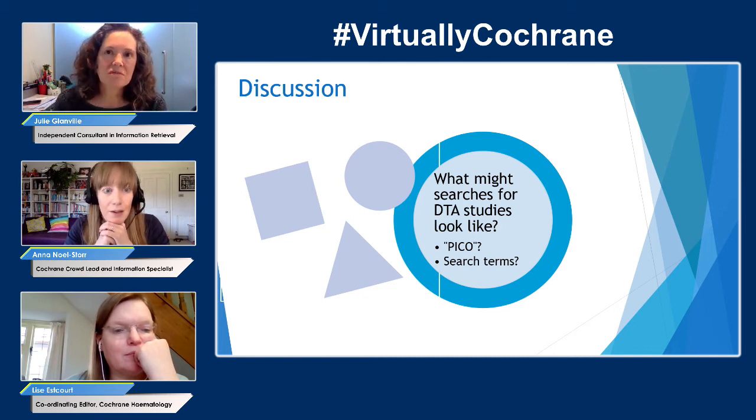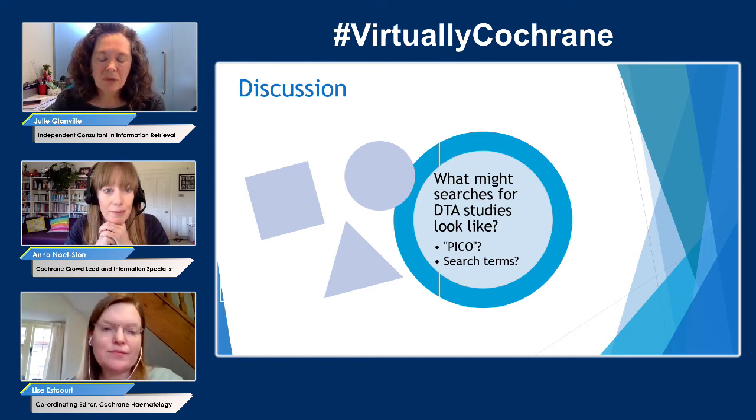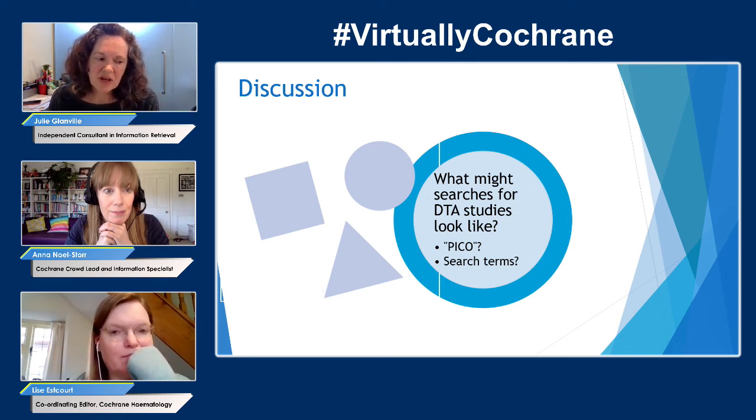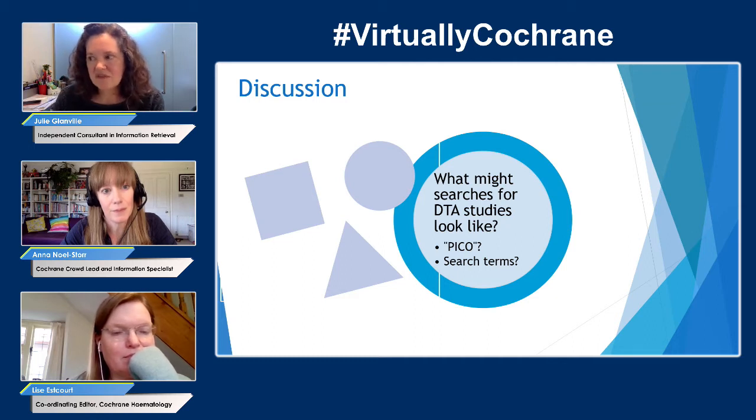There's a Cochrane review of the performance of DTA filters, which comes to the fairly clear conclusion that just bolting on a search filter to a search, so say a disease, an intervention, a topic, is just not going to be sensitive enough for systematic review purposes, but it might be useful as part of a series of searches.